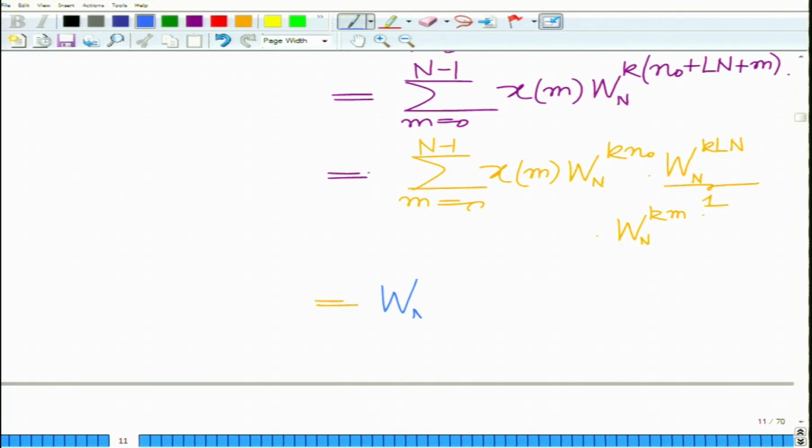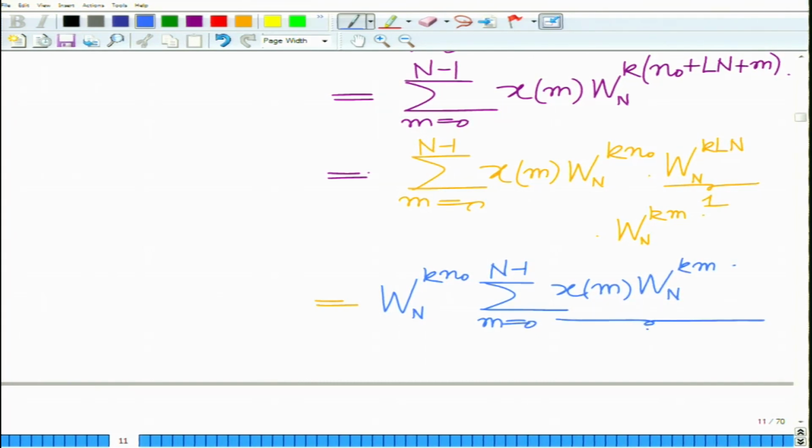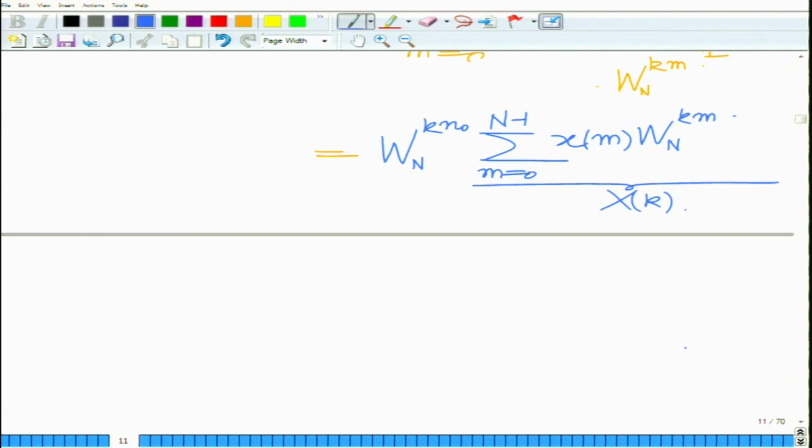And now W_N to the power kn0 comes outside because it does not depend on m. So, that is W_N to the power kn0 times the summation m equal to 0 to N−1 of x[m] W_N to the power km, which is basically X[k]. This is similar to the modulation property: a shift in time leads to modulation in the frequency domain.